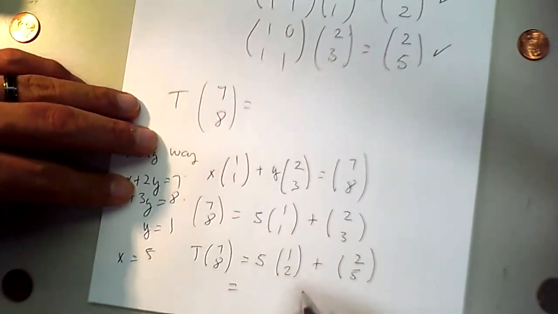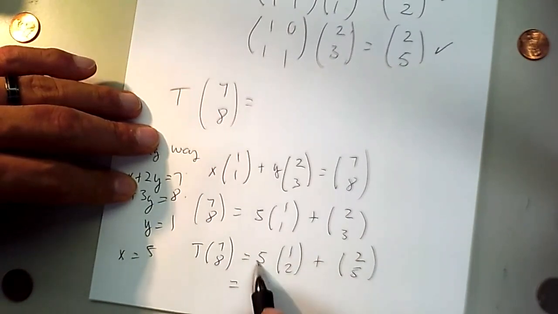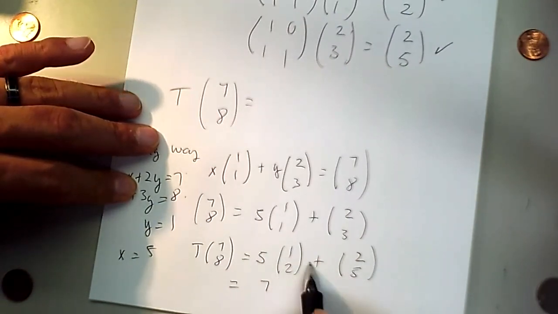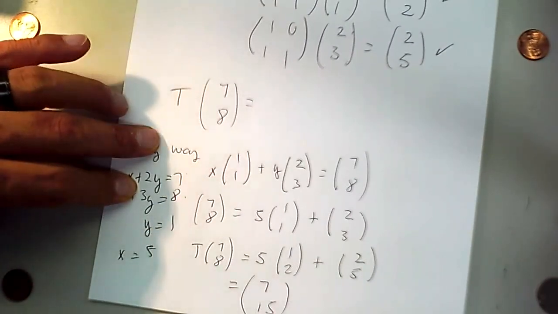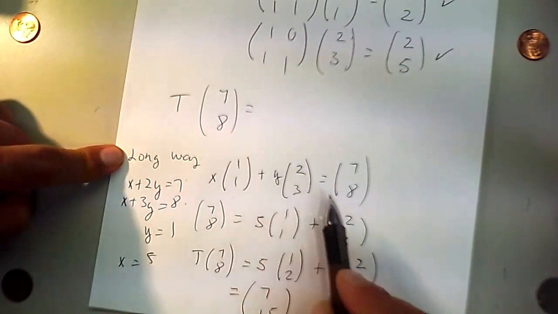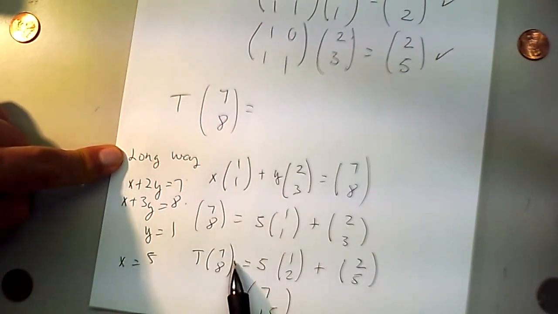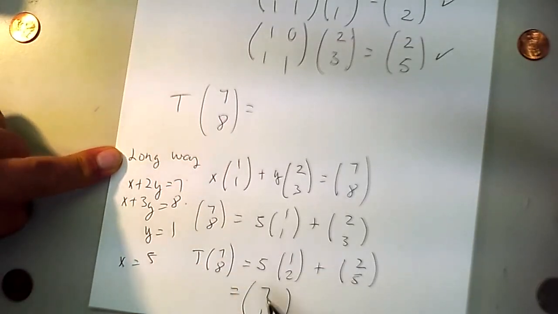And then we have to put this together. 5 plus 2, 7; 10 plus 5, 15. Wow. So this is the long way to figure out the output of (7, 8) under T.